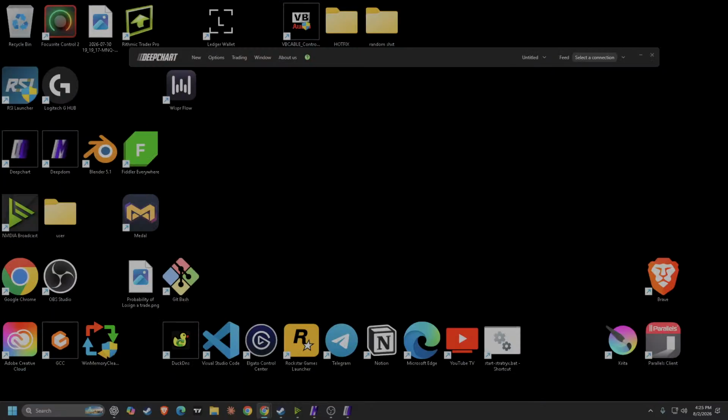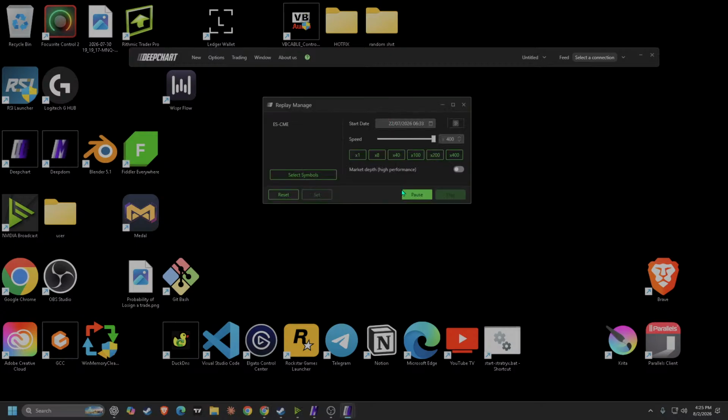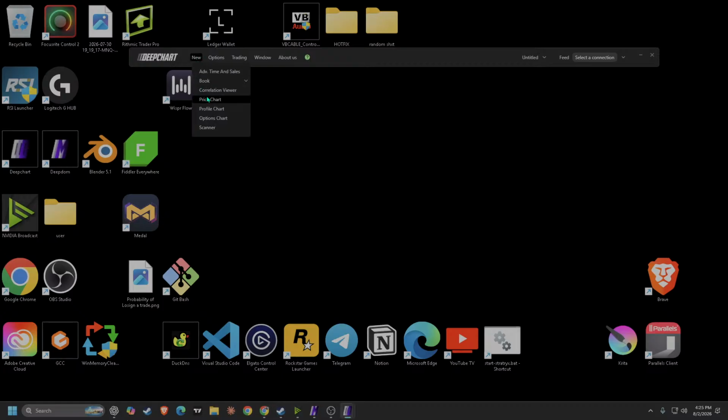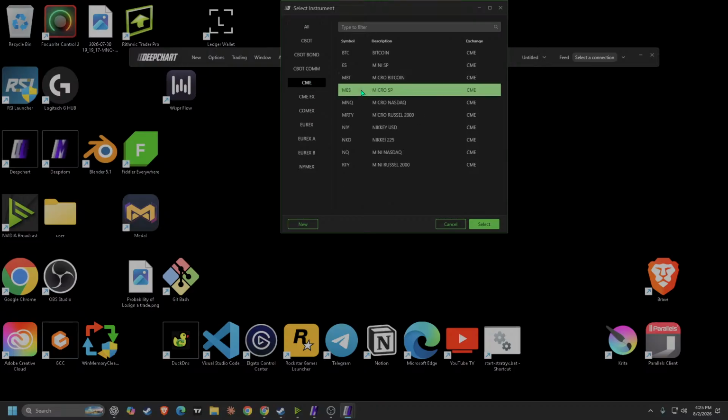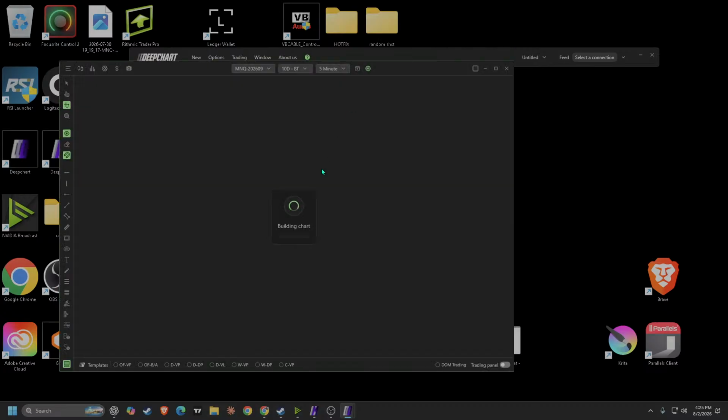All right, so deep charts. I need to stop this backtesting. So we're gonna close replay mode, open up a new price chart. We're gonna open up MNQ.